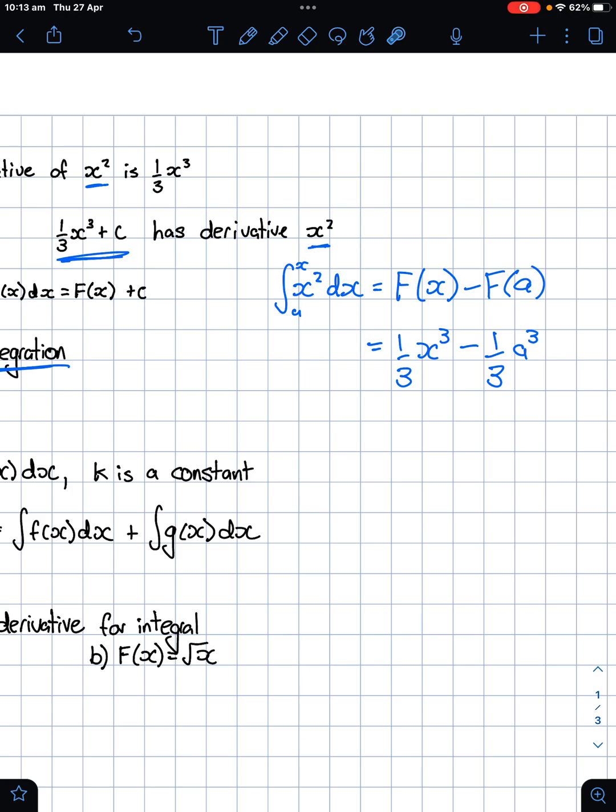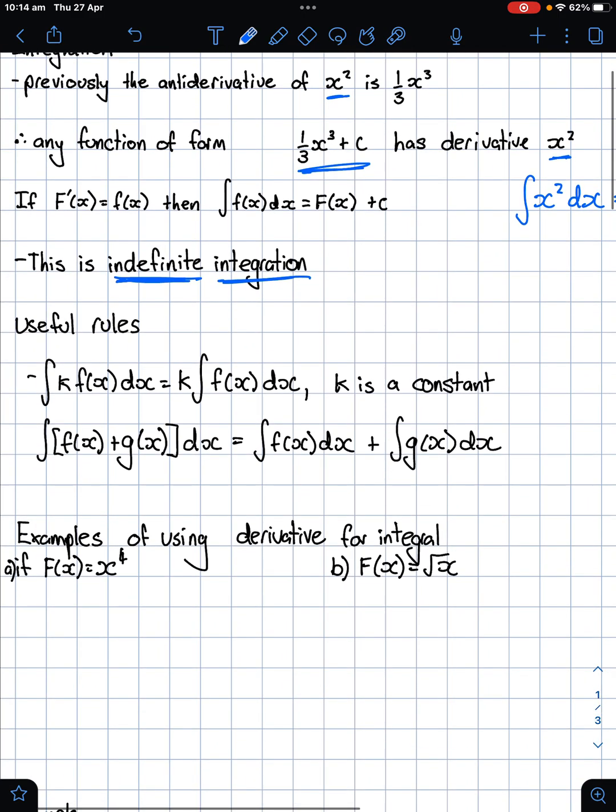I could do this indefinite integral here, and because I know the antiderivative of x squared, I'm going to get rid of these bounds. The indefinite integral, if I take the integral of x squared, I'm just going to get 1/3 x cubed, and then I just go plus a constant. So those values are equal.